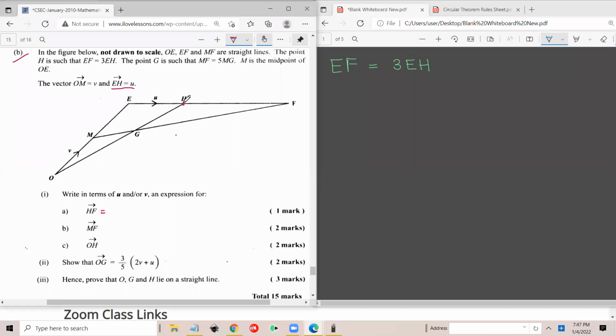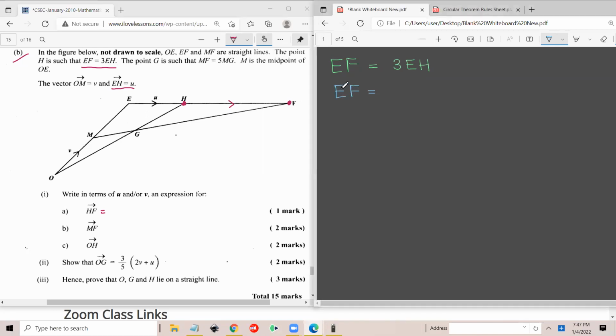Remember, H starts here, and F finishes here. So this is HF, this portion of the line. Now you realize this is one straight line, right? Look at this. They gave us a clue. They said EF is equal to 3EH. So let's use that clue.